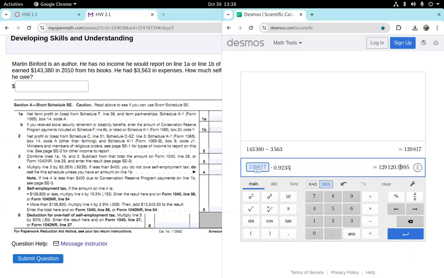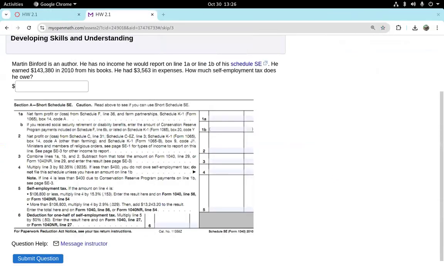And that's almost 130,000. Rounding those cents up, it's $129,121 after we do that multiplication. And that is bigger than 106,000. So the next step would be to multiply by 2.9% and then add 13,243. So let's fill out some of the form and then we will complete those calculations.